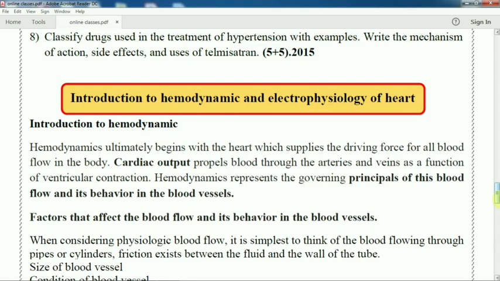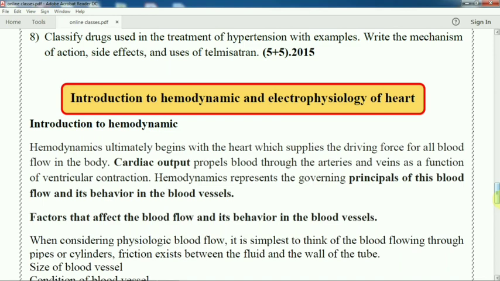That means blood comes out from the left ventricle and is supplied throughout the body in the systemic circulation. We have already studied how blood flows through the heart, which supplies the driving force to all parts of the body. This is called hemodynamics.